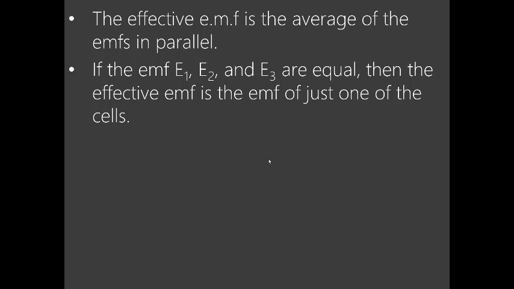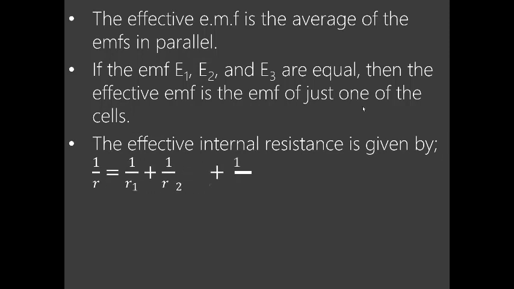So we are saying if the EMFs here, E1, E2, and E3 are equal, then the effective EMF is the EMF of just one of the cells. The effective internal resistance is given by the formula. Those will be resistors in parallel, so you get the reciprocal.